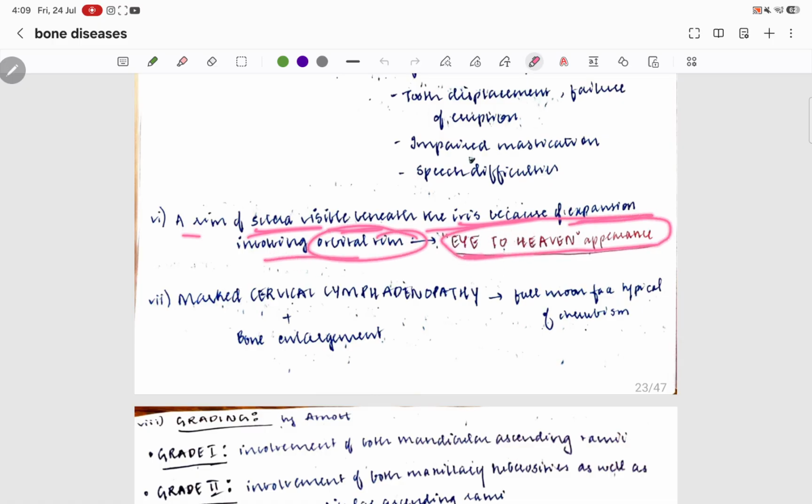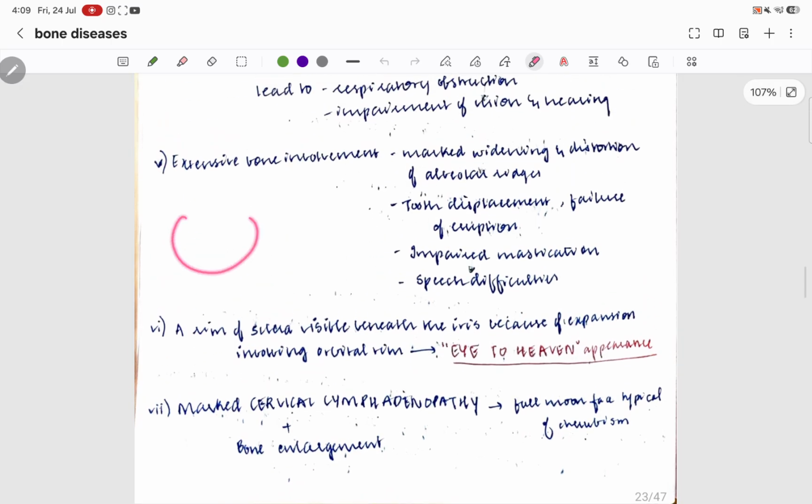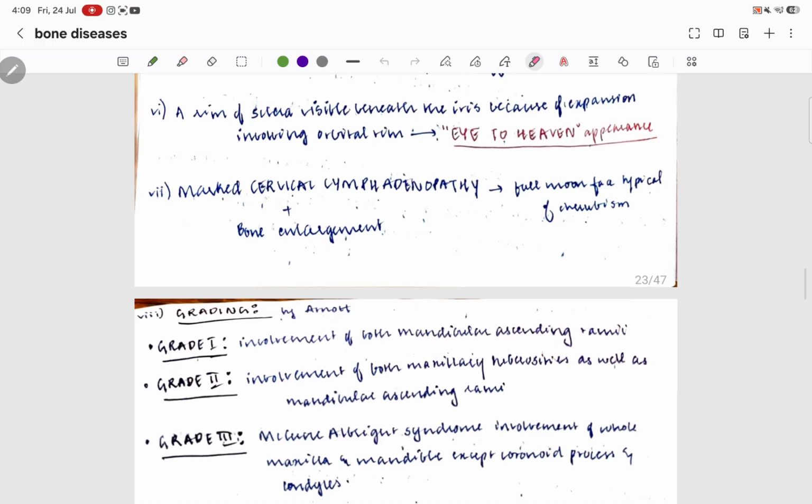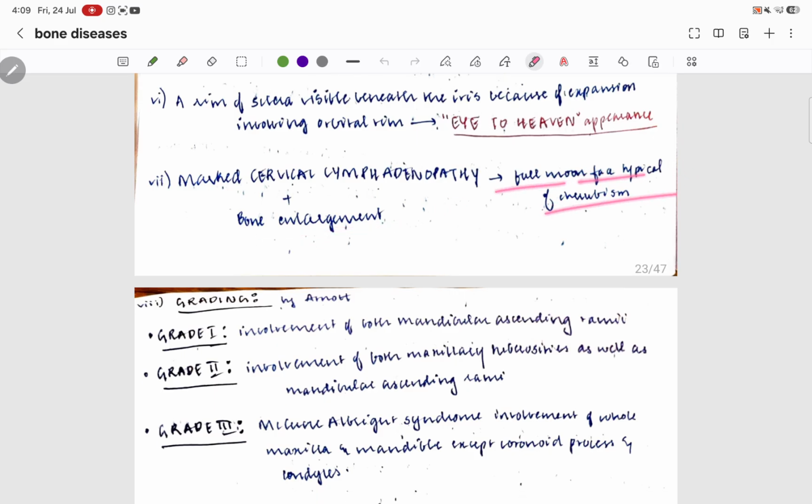The eyes have what is called an eye-to-heaven appearance, where a rim of sclera is visible beneath the iris. Then there is marked cervical lymphadenopathy, bone enlargement, and a full moon face, typical of cherubism.